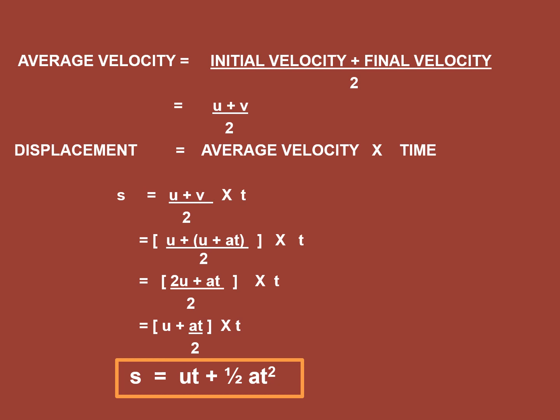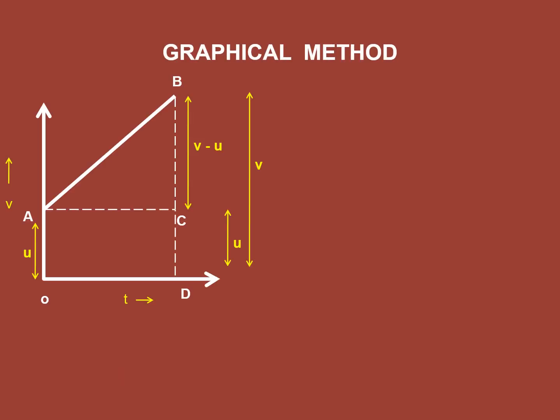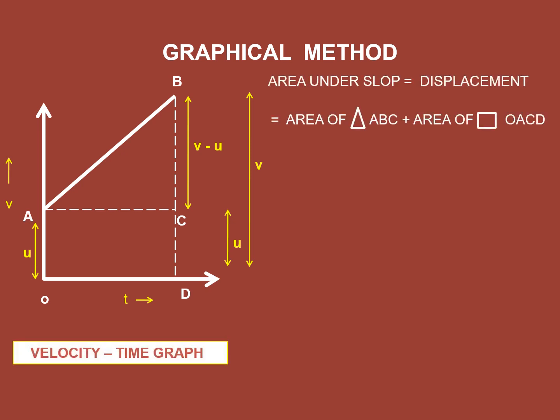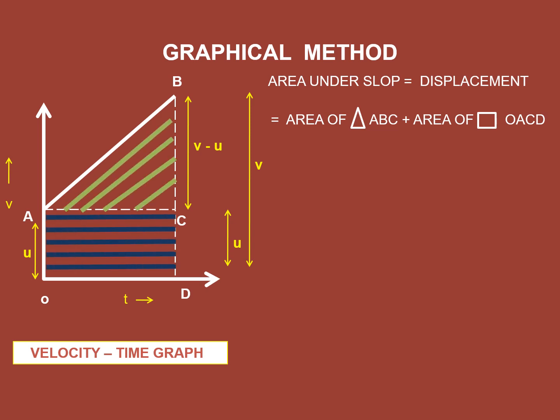To derive from the graphical method, we will use the same velocity time graph. The area under the slope indicates the displacement of the object, which is equal to the area of triangle ABC and the area of rectangle OACD. Formulas to find these areas: you already know the area of a triangle is half base into height and the area of a rectangle is length into breadth.